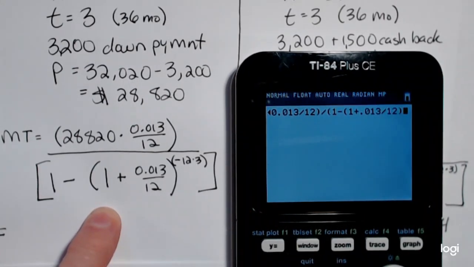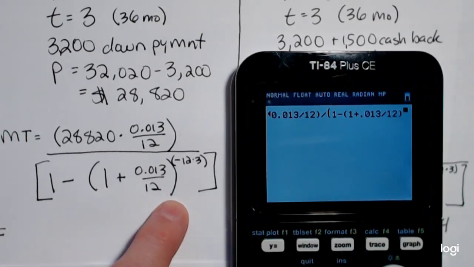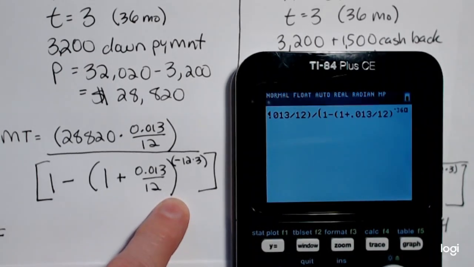Close those inner parentheses and then use the caret key to raise that to the negative 12 times 3 power. So that's going to be negative 36. Or you could put in a negative 12 times 3 if you want.